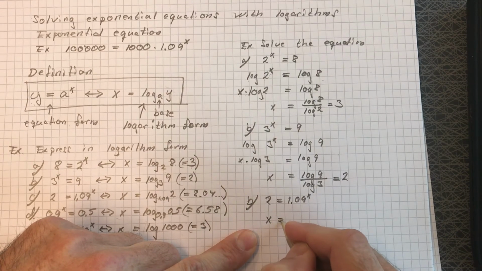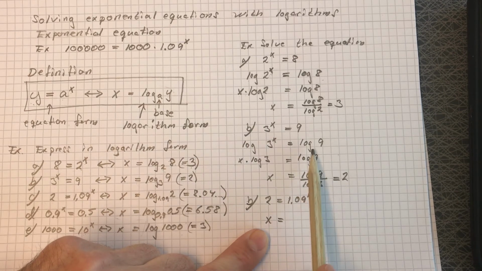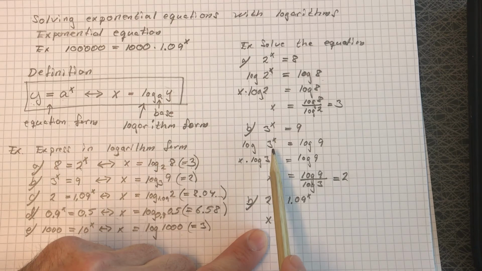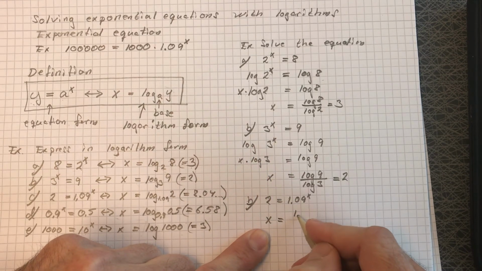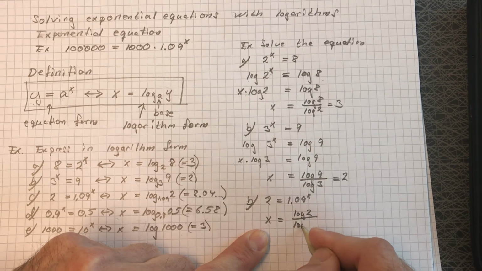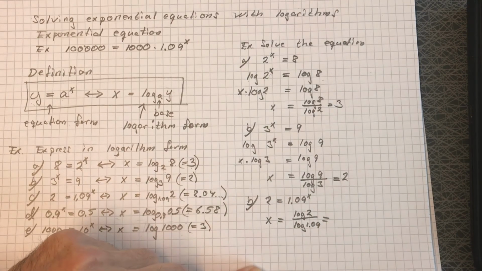I just will write x is equal to, because you remember that I have to take the logarithm of both sides. The x will fall down in front, and then I divide. So the answer is log 2 divided by log 1.09. And I will have the answer.